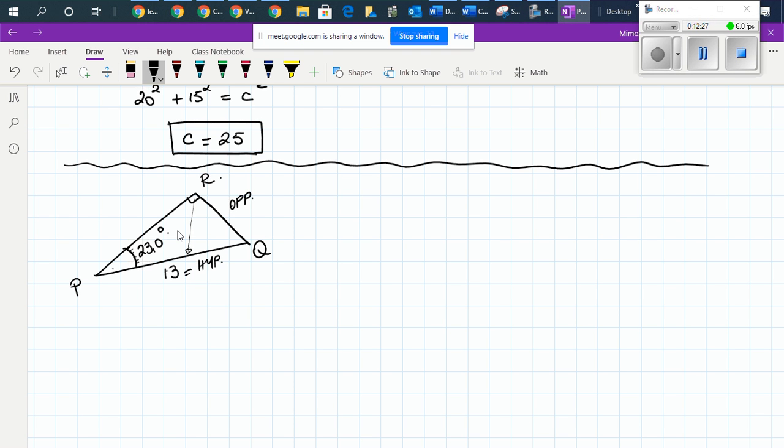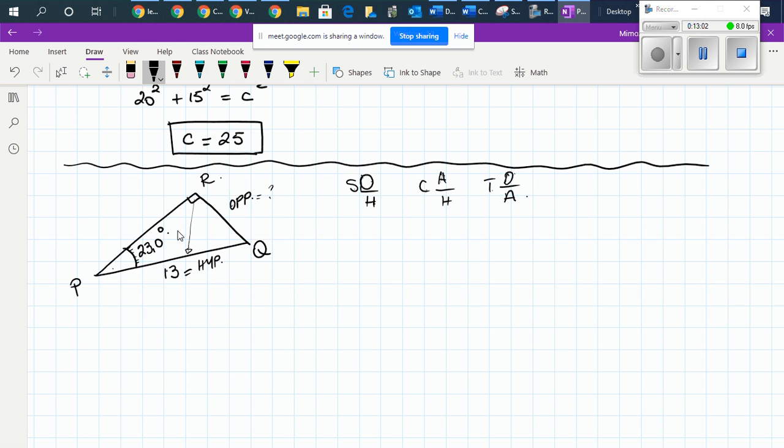If we are looking for the opposite here, then the trig ratio that we will use is identified based on SOHCAHTOA, what we said before. Sine is opposite over hypotenuse, cosine is adjacent over hypotenuse, tangent is opposite over adjacent.